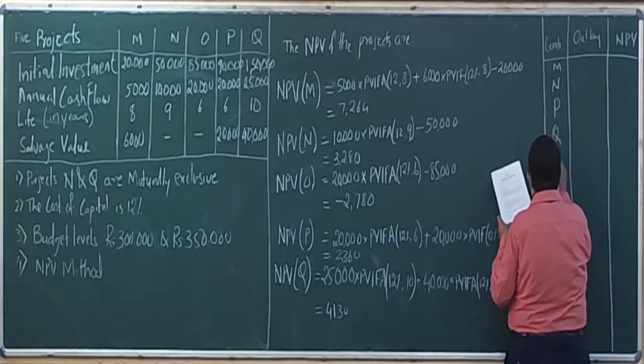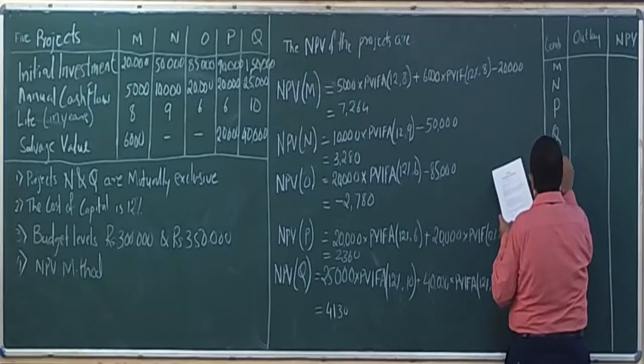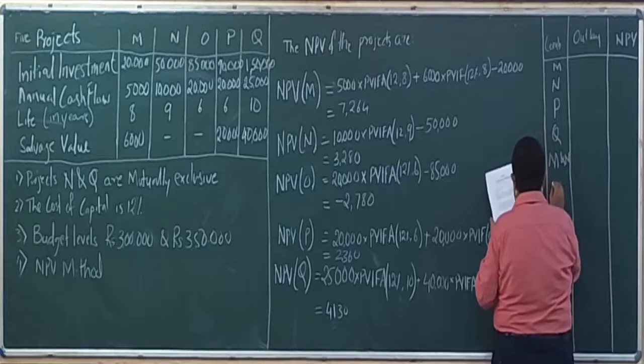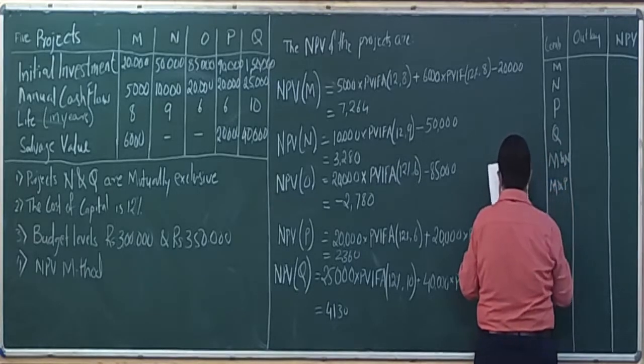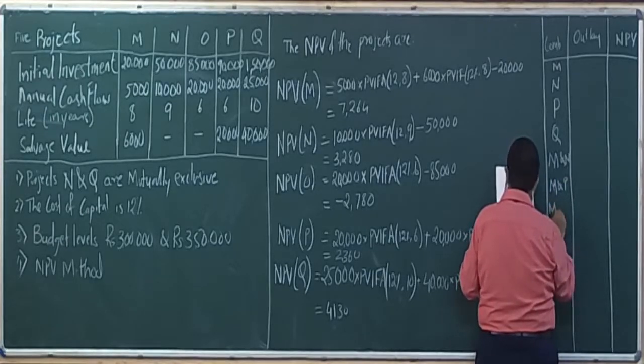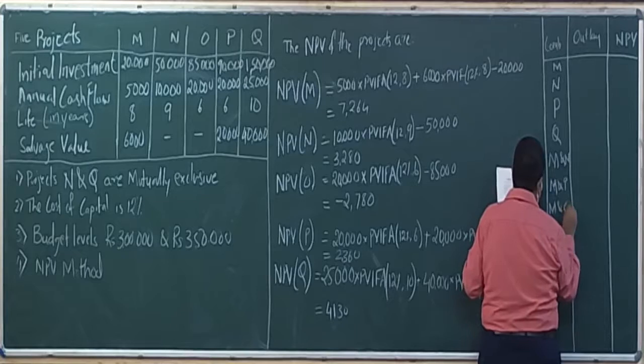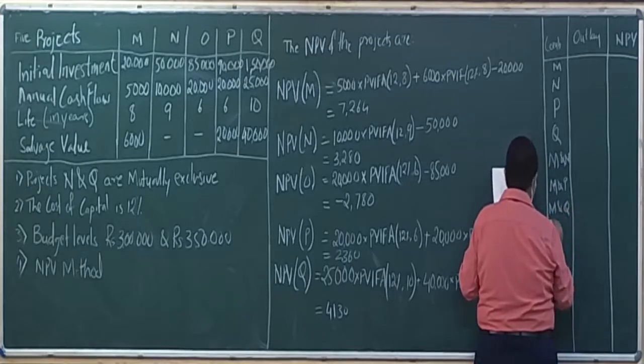Then M and N I am going to consider. Then I will be having M and P as a combination. Then I will be having M and Q as the combination.